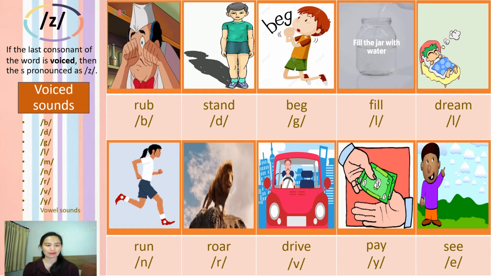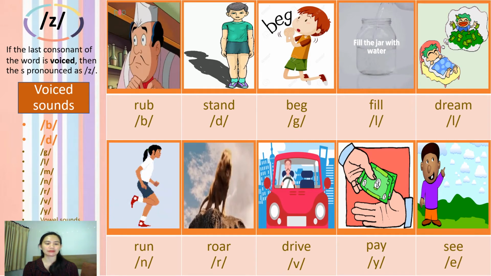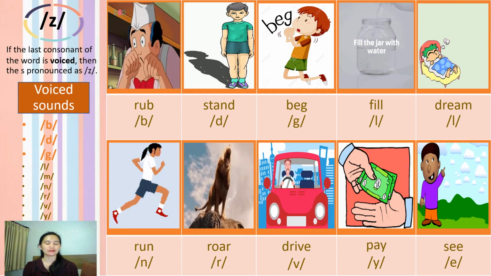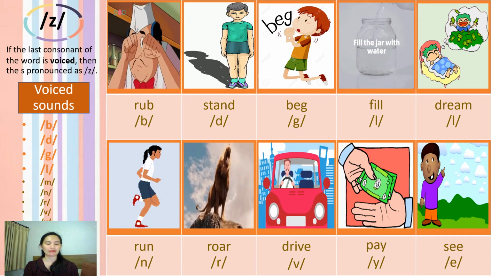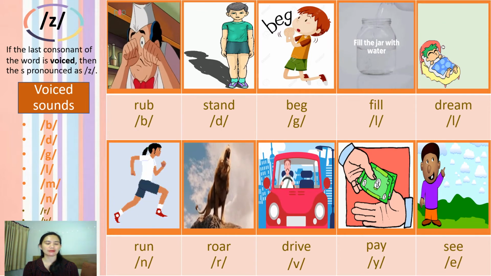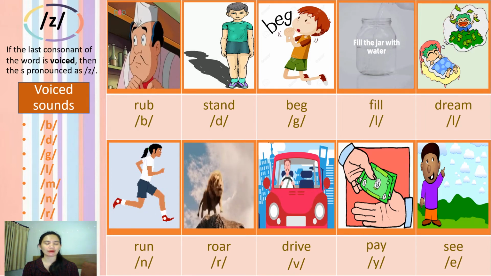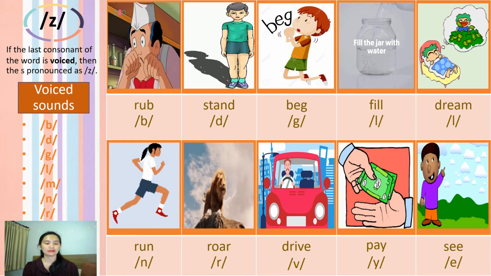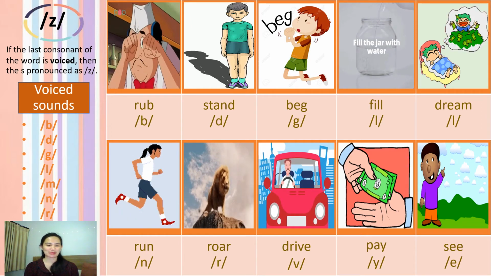The sound of b, the sound of d, the sound of g, the sound of l, the sound of m, the sound of n, the sound of r, the sound of v, the sound of y, and the vowel sounds rather.